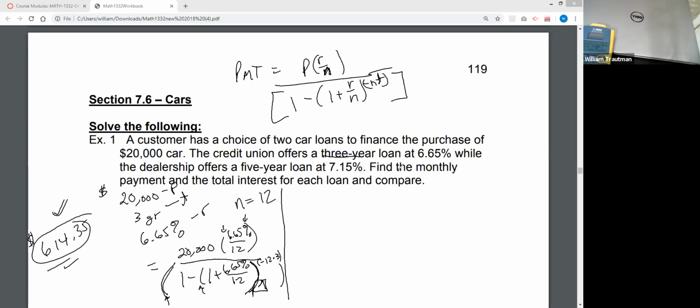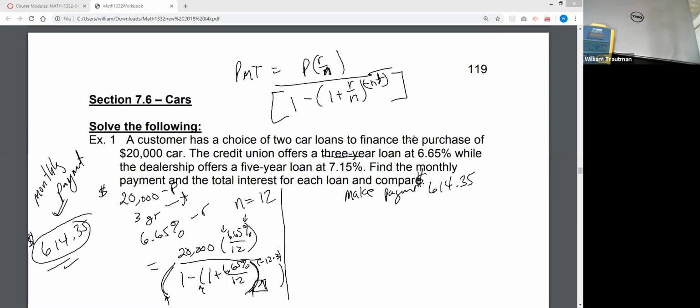It says find the monthly payment and the total interest of each loan. Well, we found the monthly payment. Now we need to find the total interest. We're going to make payments of $614.35.